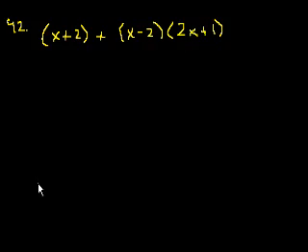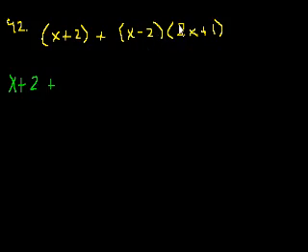So let's do that. I'll rewrite this one over here, x plus 2 plus, and now let's multiply this. When you multiply these two binomials, you're really just doing the distributive property twice. And let me show that to you. We could view this as (x minus 2) times 2x plus (x minus 2) times 1.